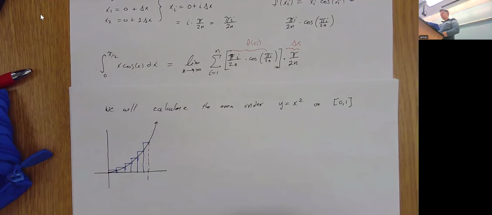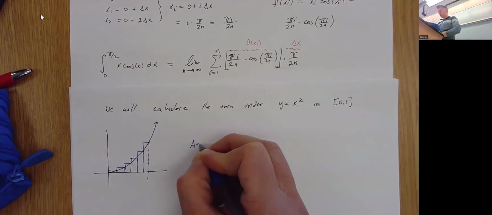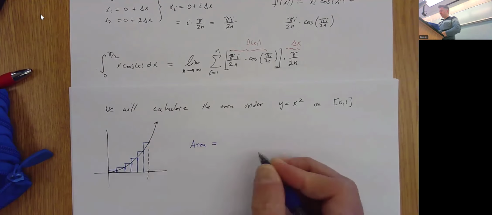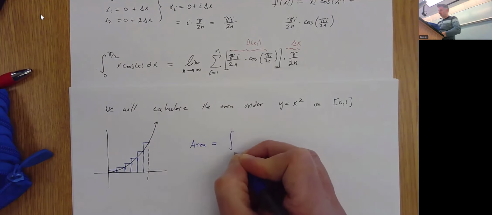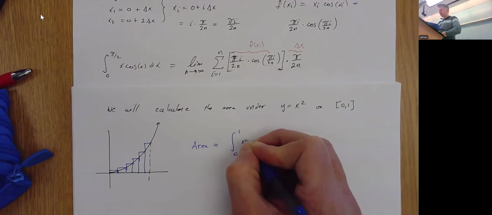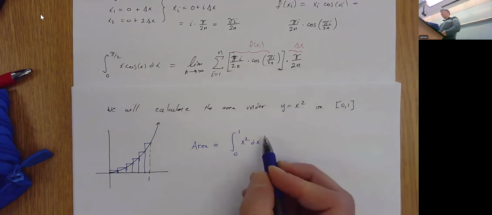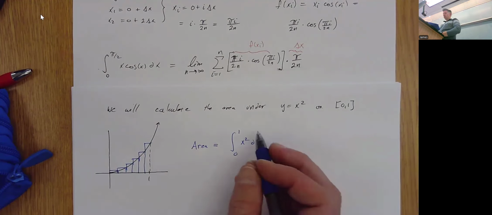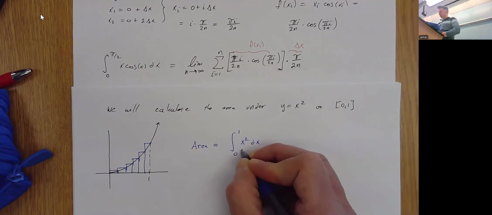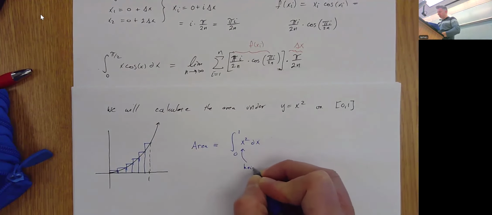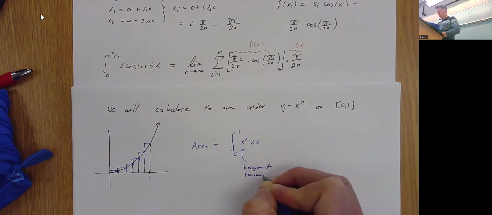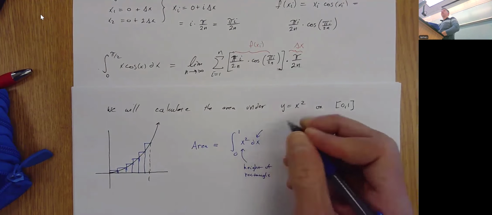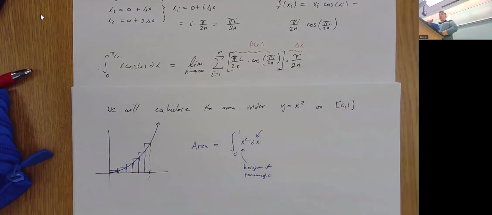All right, so the area here is going to equal the area under the curve from 0 to 1 of x squared dx. When you write this, by the way, what I'm thinking of here is that this x squared is like the height of my rectangle, and this dx is like a very, very narrow width of my rectangle.